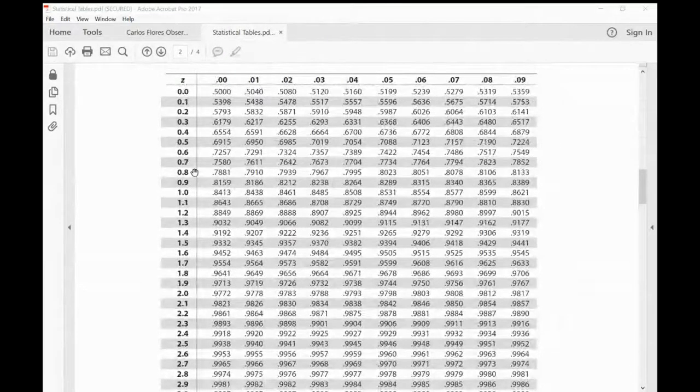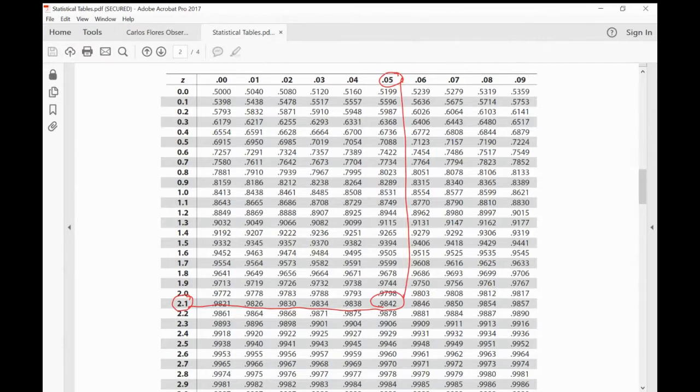So positive, I'm looking for a 2.15. Right here is 2.1, and over here is a 0.05. Where those two points meet, right here, is 0.9842, and that was the same answer I came up with on my calculator, right? I got the same exact thing.